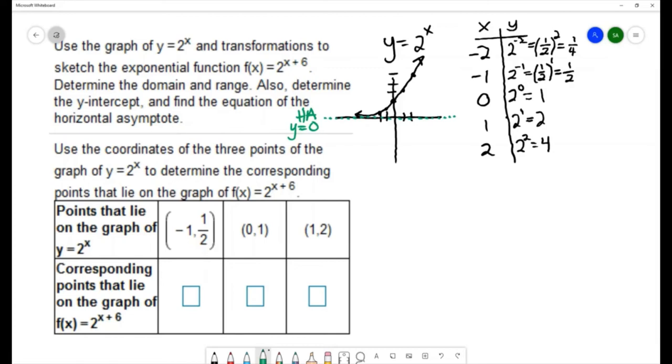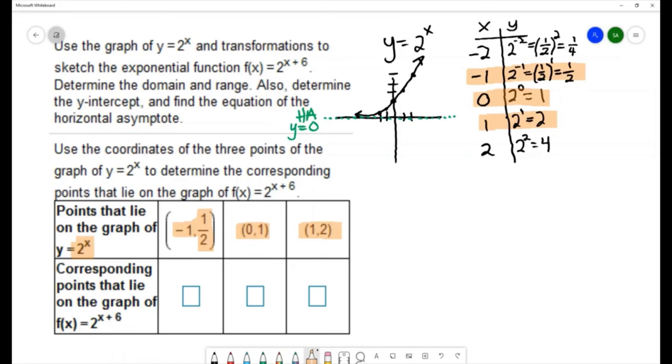And you can see that the ordered pairs that are written down right here, -1 and 1/2, 0 and 1, 1 and 2, match the ordered pairs that we figured out for ourselves. So these are ordered pairs that are on the graph of y equals 2 to the x.